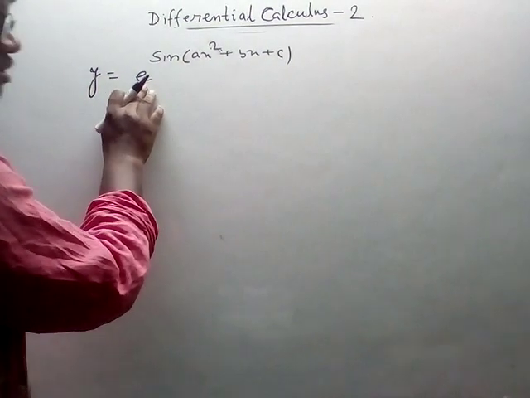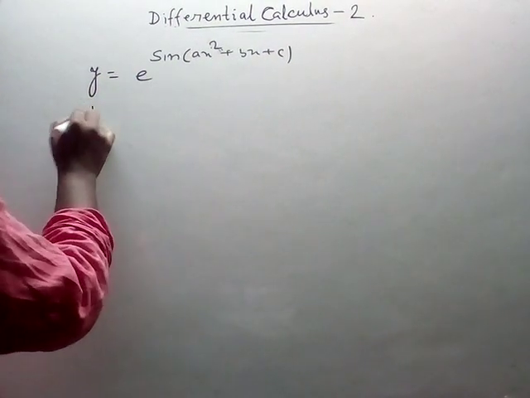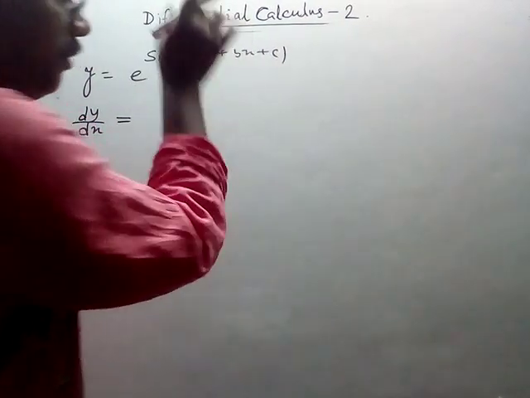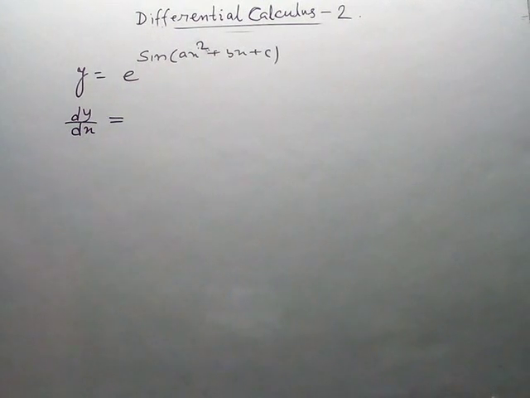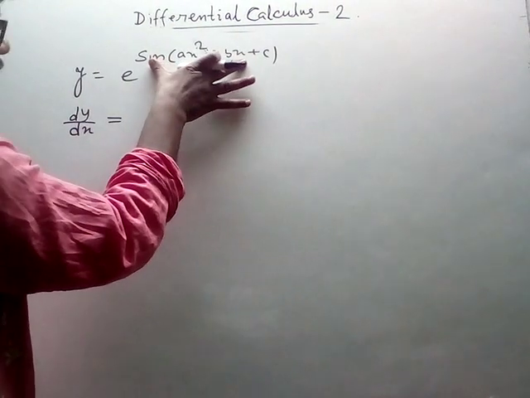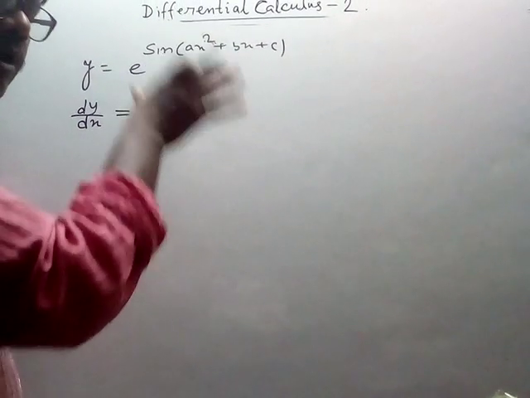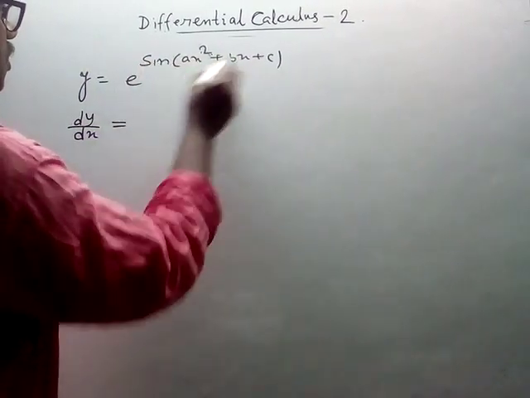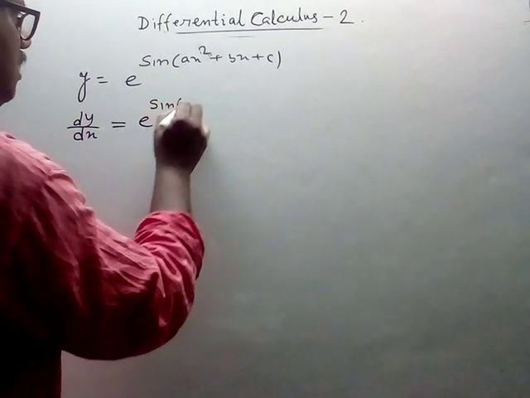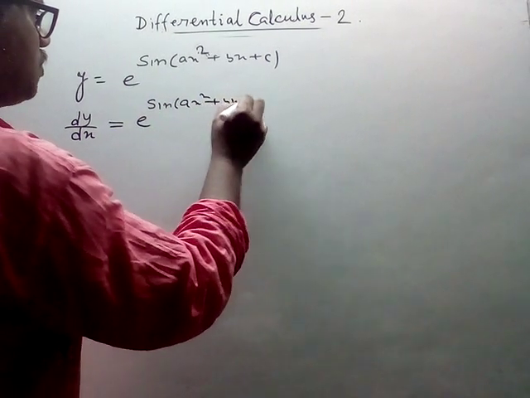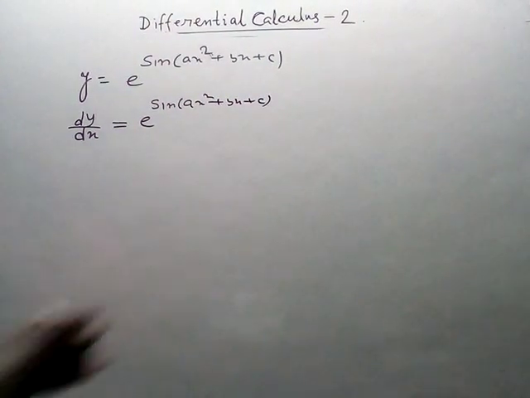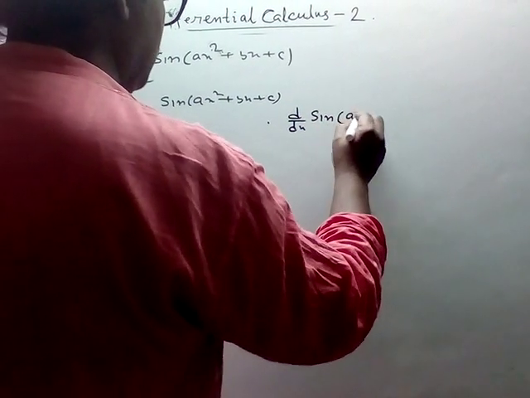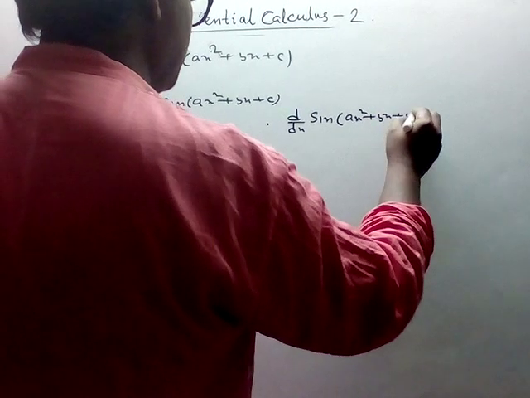So we have to first consider the exponential function when finding the derivative dy/dx. The derivative of e power x is e power x, then the derivative of e power f(x) is e power f(x) into f dash x. So the derivative of this is e power sine ax square plus bx plus c into d/dx of sine of ax square plus bx plus c.